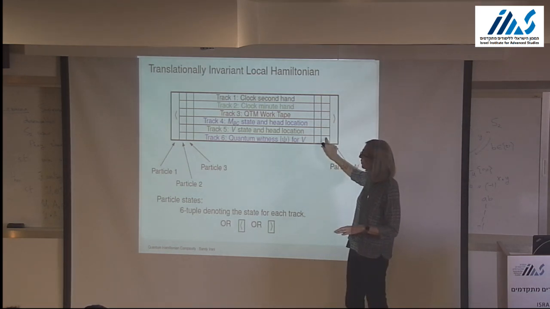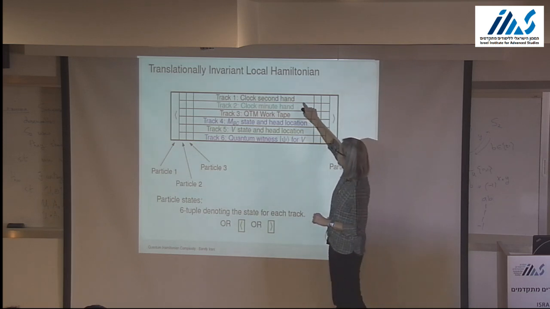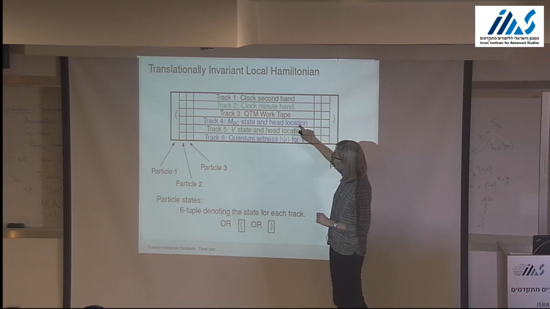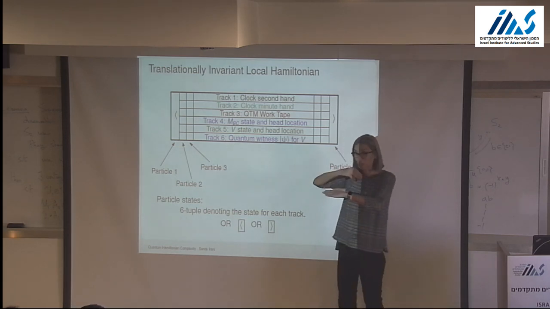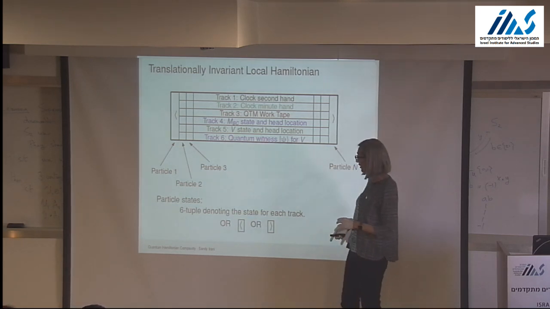So we're using this space for multiple purposes. Two of them are the clock state. This is the quantum Turing machine tape. This is the track that handles the head location for the counting, this is the head location for the verification, and this is where the quantum witness sits. So there's a lot of information that's encoded on top of each other throughout this thing.